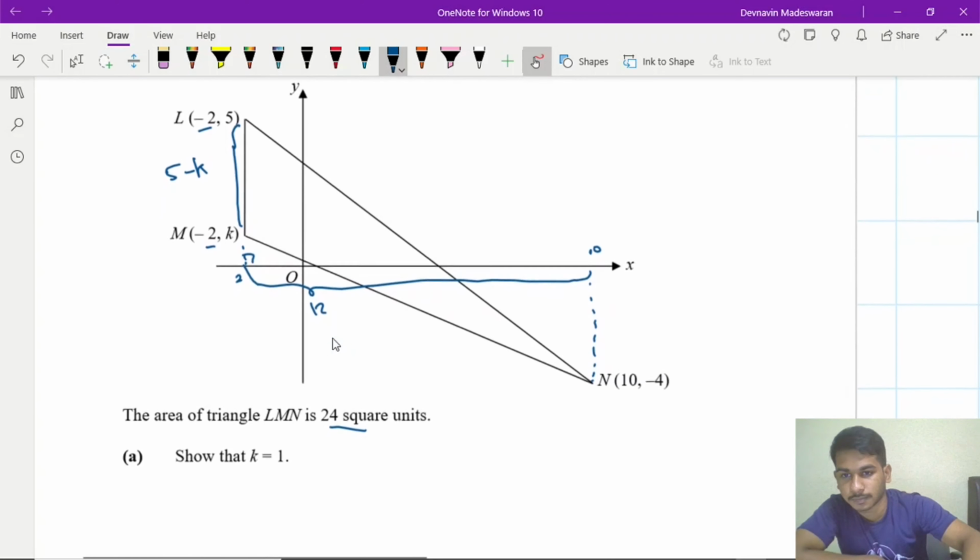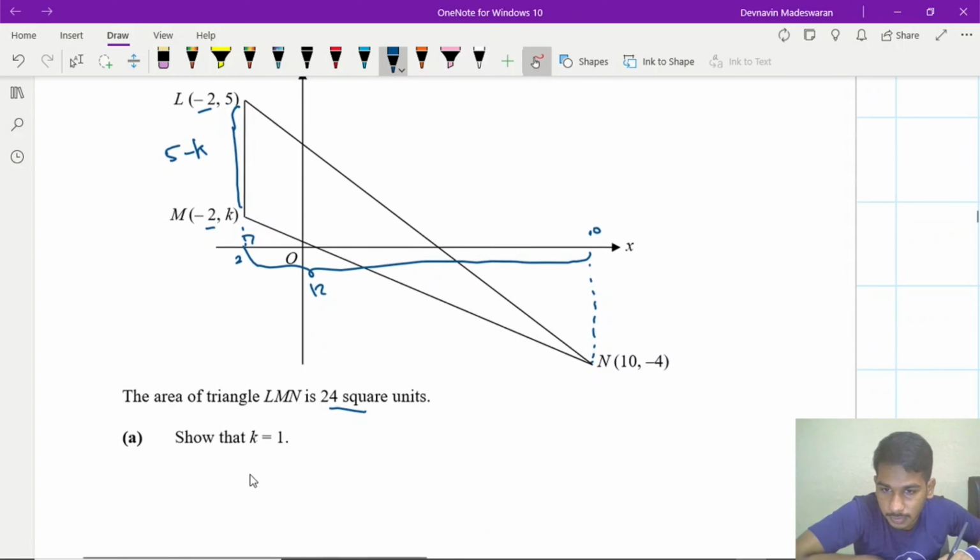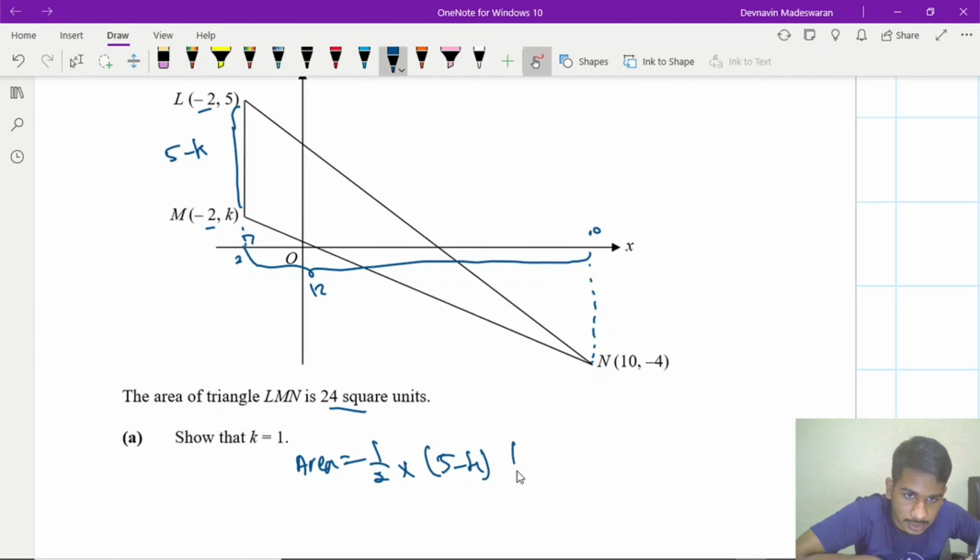So area is equal to half times 5 minus K times 10 plus 2, which is 24 equals half times 5 minus K times 12.